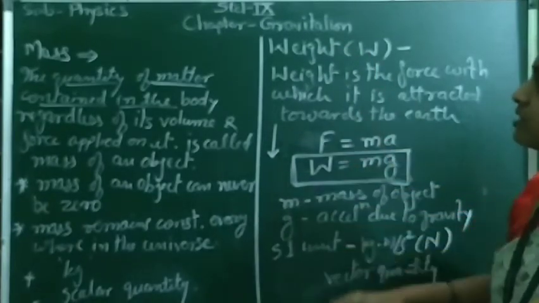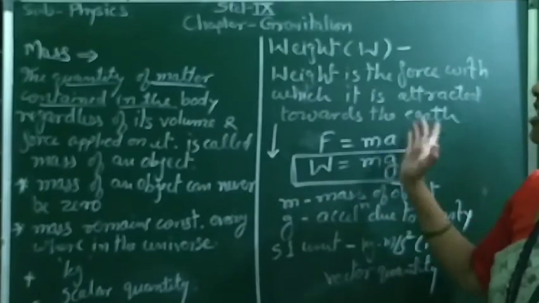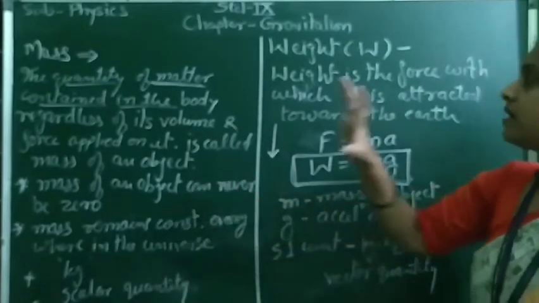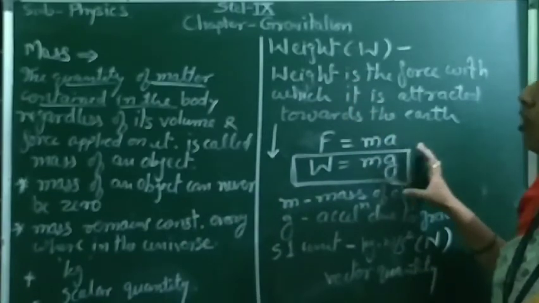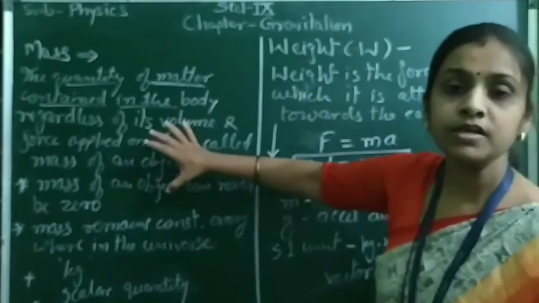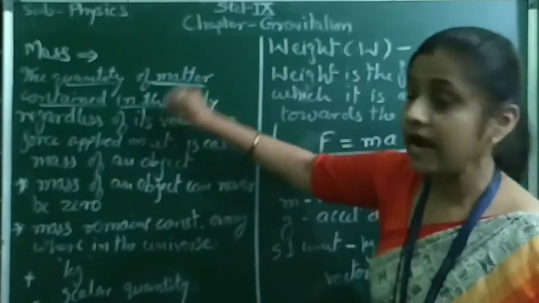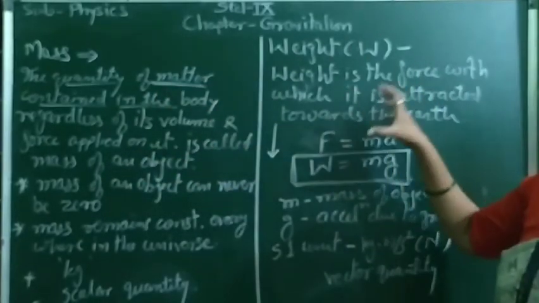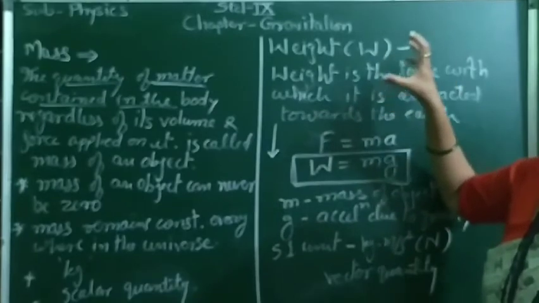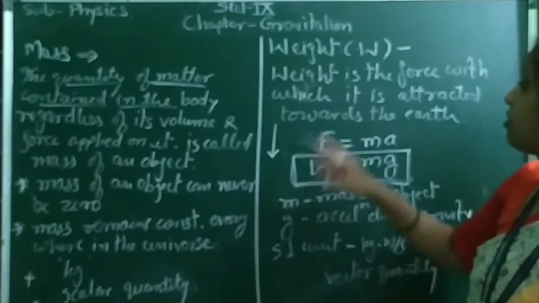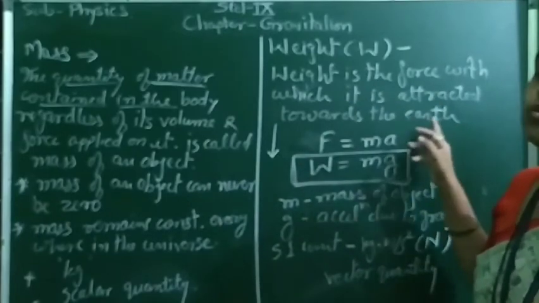So from this we can easily differentiate mass and weight. Hope you understand the concept of mass and the concept of weight of an object. Mass is nothing but the quantity of matter contained in the object, and weight is nothing but the force which always acts in a downward direction because it is attracted towards the earth.